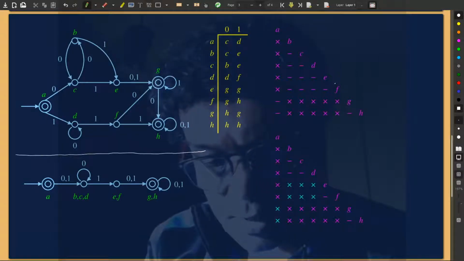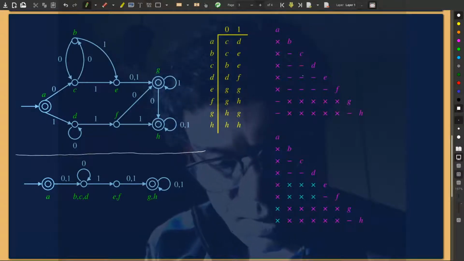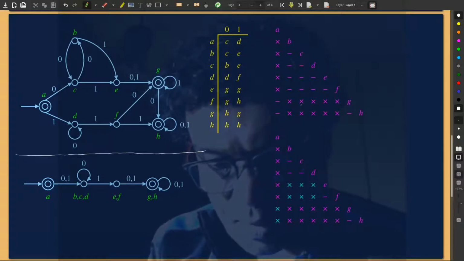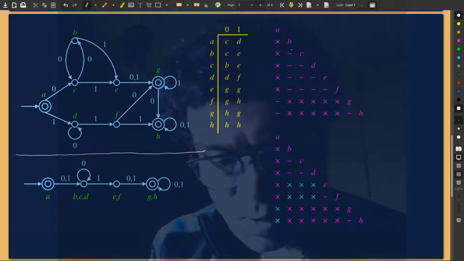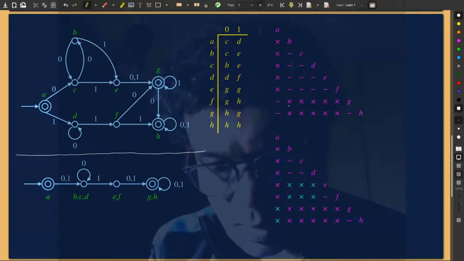How do I read it? Let's consider C, G. I start from C here, G here. So this element I will call marked or unmarked. Cross means marked, minus means unmarked. Likewise, if I look at B, E, it is unmarked.